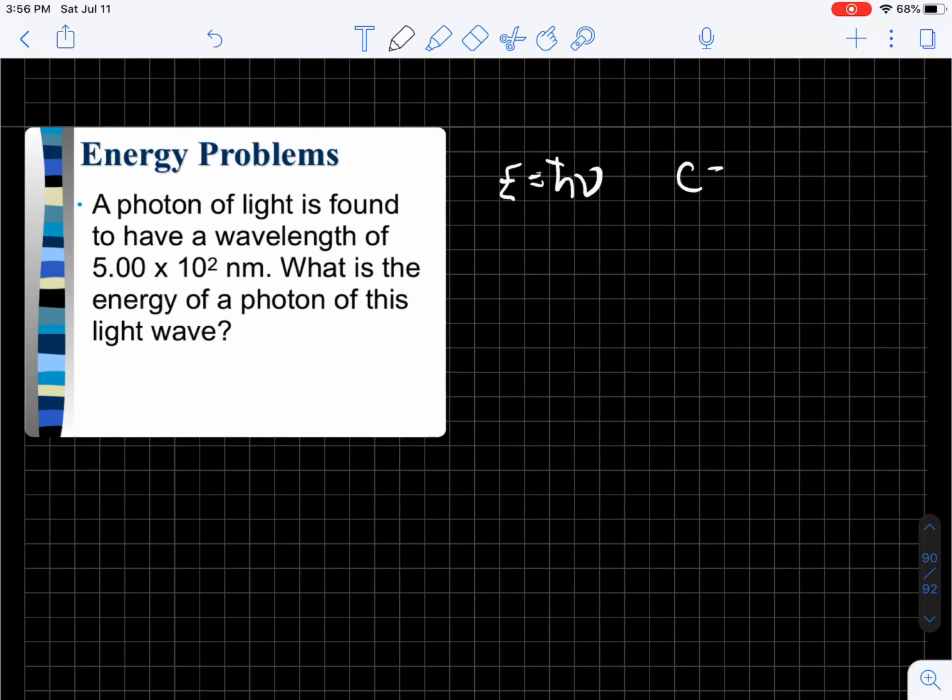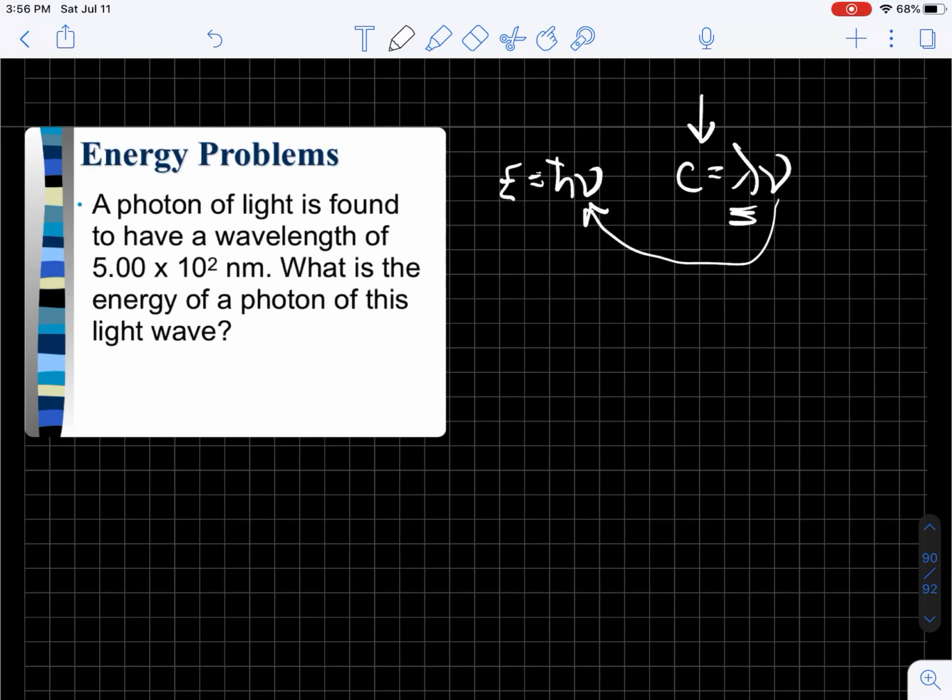Well, we've only had two equations. We've had energy equals Planck's constant times frequency, and we've had speed of light is equal to wavelength times frequency. Now they're giving me the wavelength, and then I need the frequency to go into the energy equation. So you can do this one of two ways.